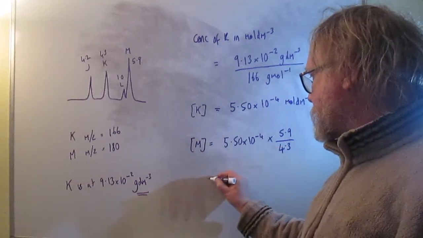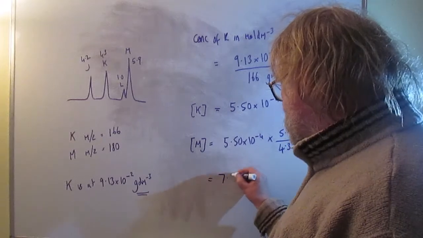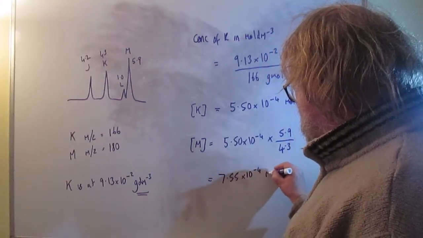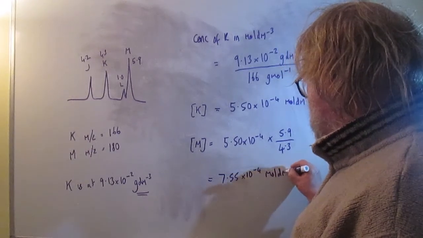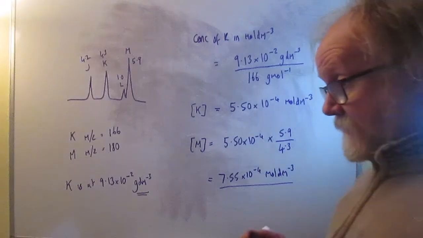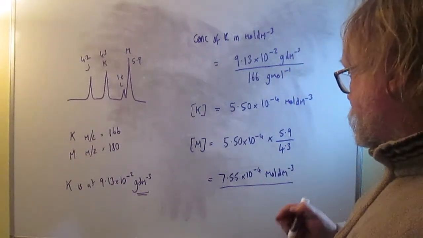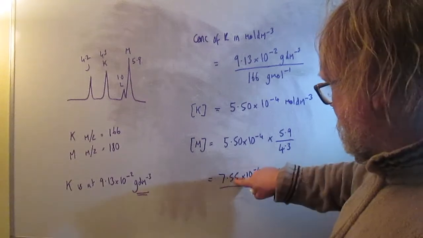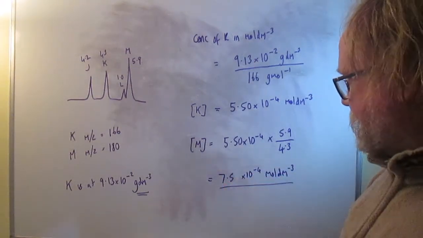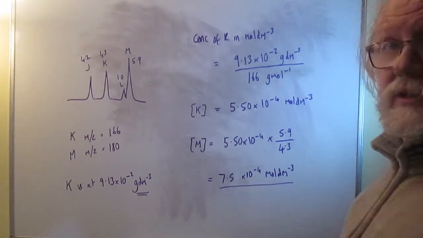So we just do that calculation, and that comes to 7.55 times 10 to the minus 4 moles per dm cubed. But if you write that down as your answer, you will lose a mark because the question specifies two significant figures. So you've got to make sure that you stick to that, and therefore the answer, actually, because it came out to slightly less than 7.55, it was just 7.5 times 10 to the minus 4 moles per dm cubed.